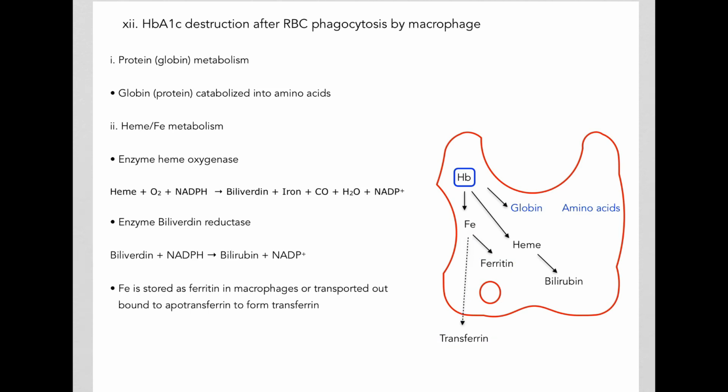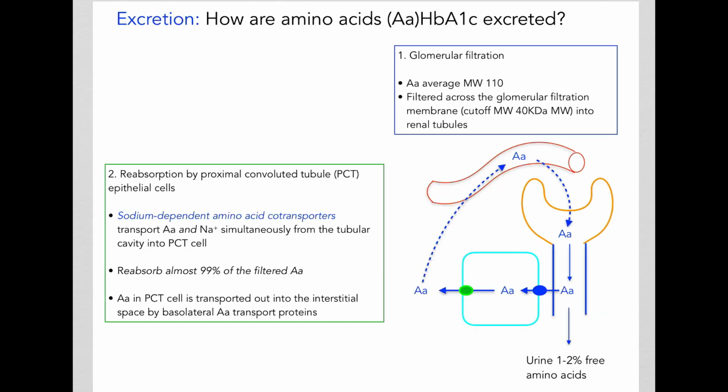So this is what we get in the metabolism of hemoglobin. We will get amino acids, we will get transferrin, which carries the iron, and then we'll have bilirubin. So let's see how these various products of the hemoglobin are excreted.